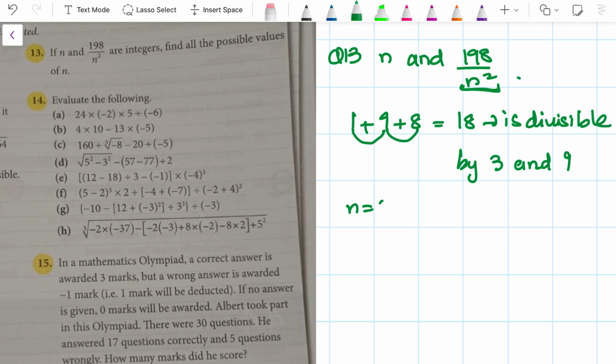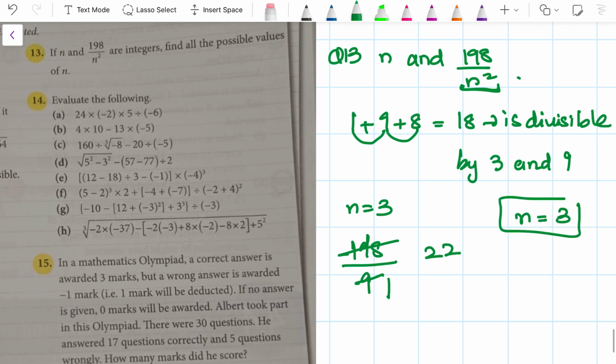So I can say n is 3 and 198 divided by 3 square is a 9. So therefore find all the possible values. So n is going to be a 3, one possible value. Other possible value can be to check whether it's divisible by 4 or not. Not divisible. So leave that.